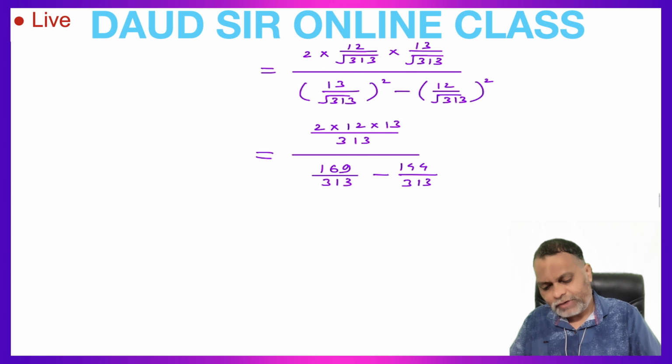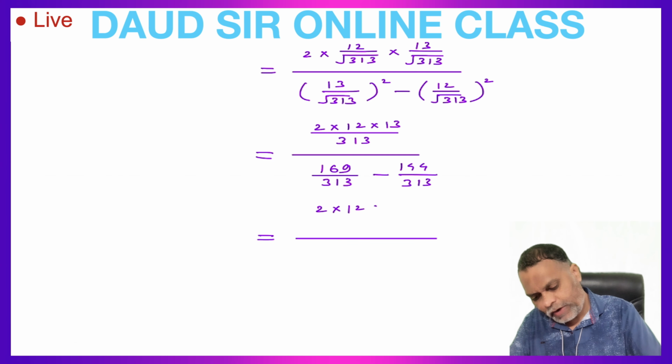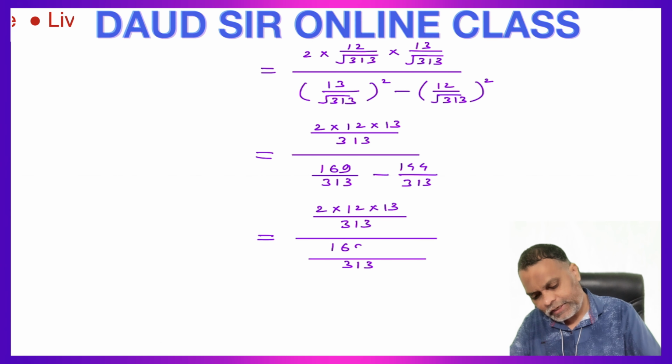Take LCM in the denominator. In the numerator, 2 into 12 into 13 upon 313 as it is. Here LCM is 313, so 169 minus 144.